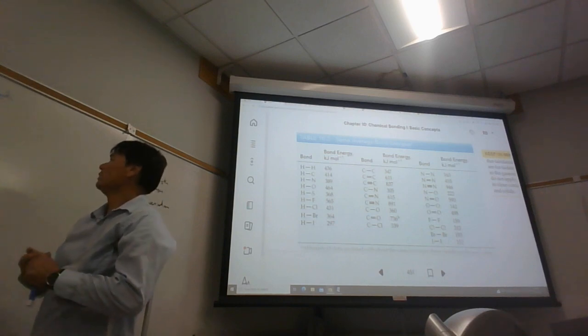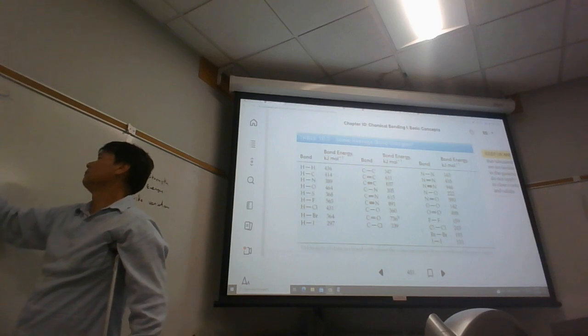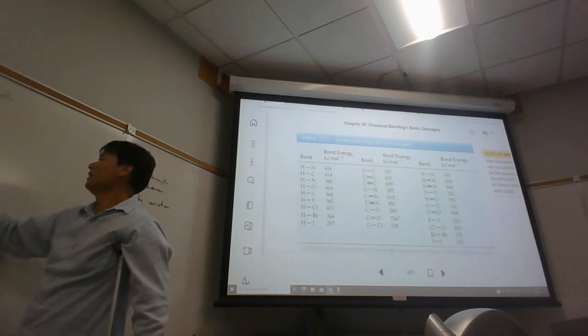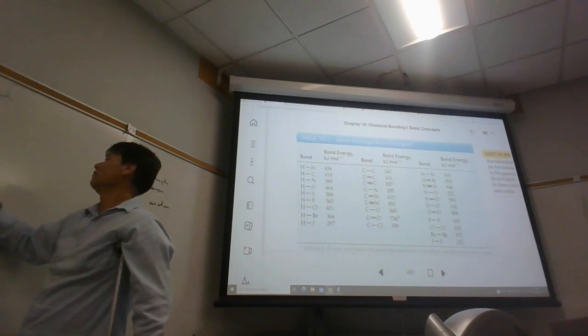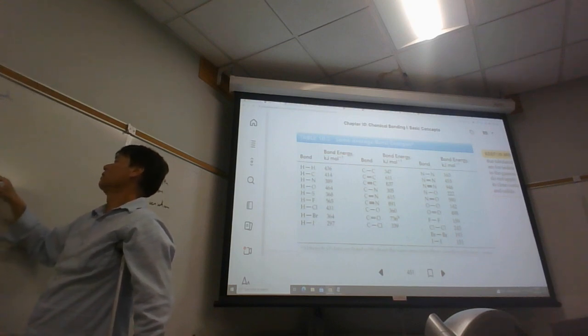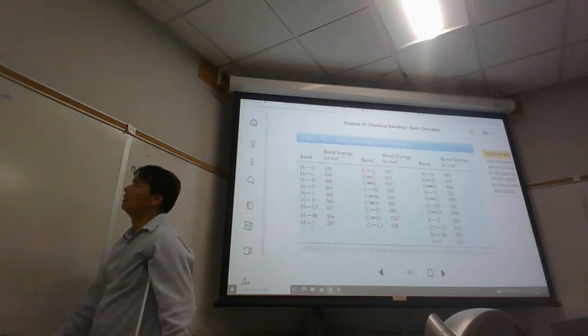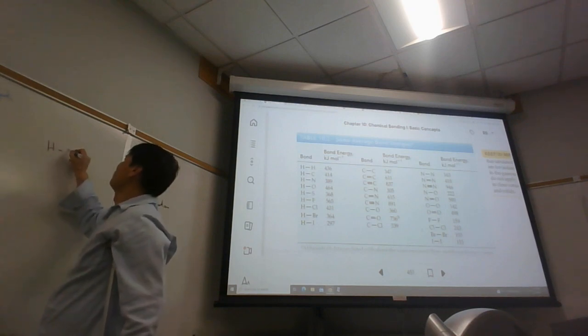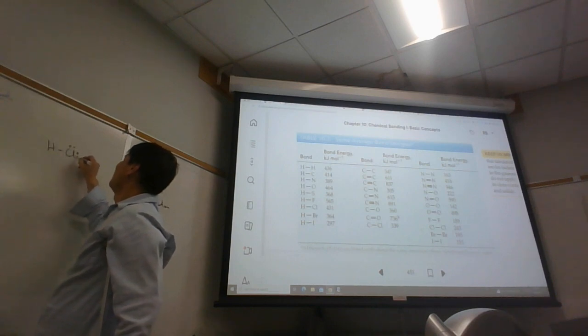The delta EN here is 0.9. 0.9 puts it in the polar covalent region. And we say that this bond is polar. There are different ways to show it.